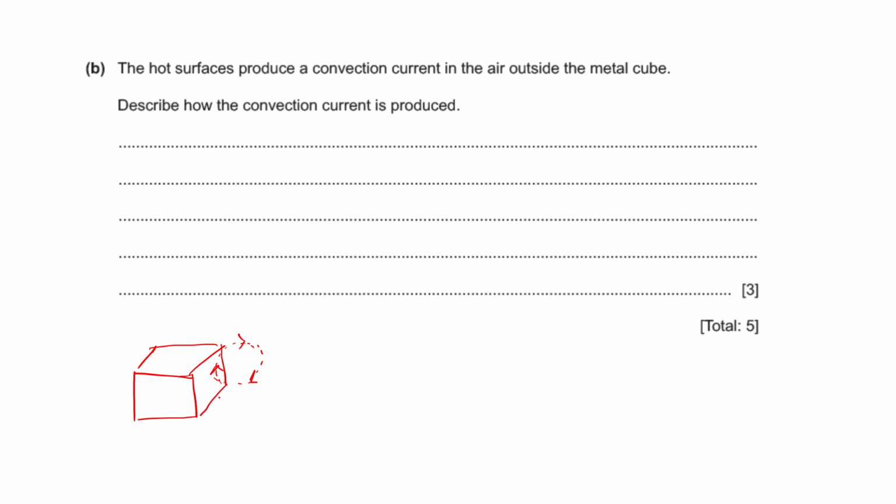The air around this surface will heat up. The hot air is less dense than the cool air, so the hot air will rise. The cool air from the surroundings comes to take its place, and that basically generates a convection current. Now we have to write this whole thing in words.